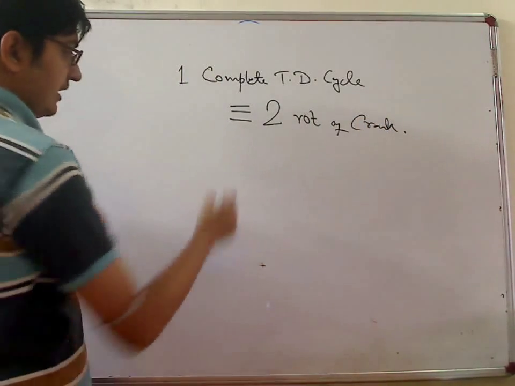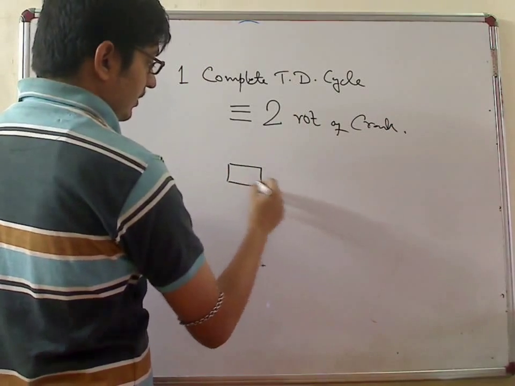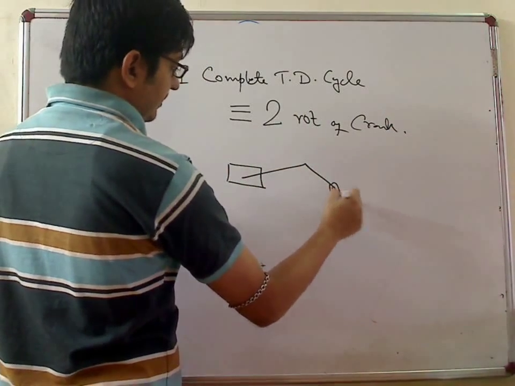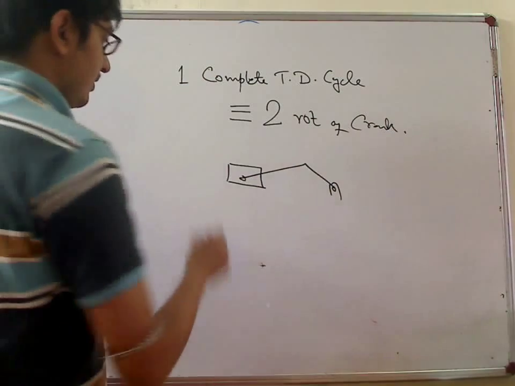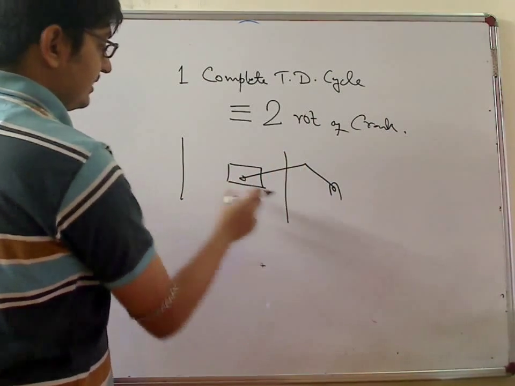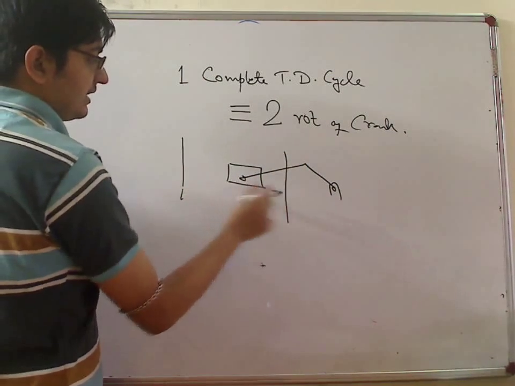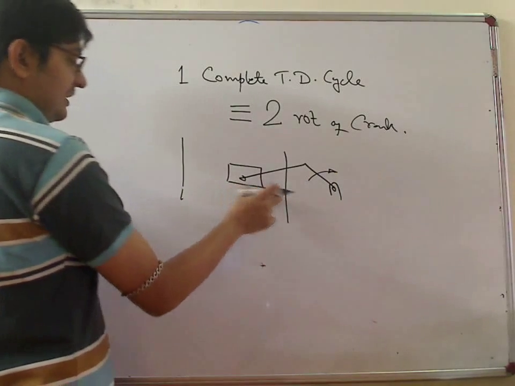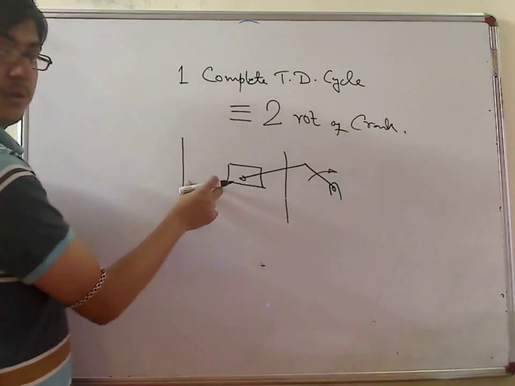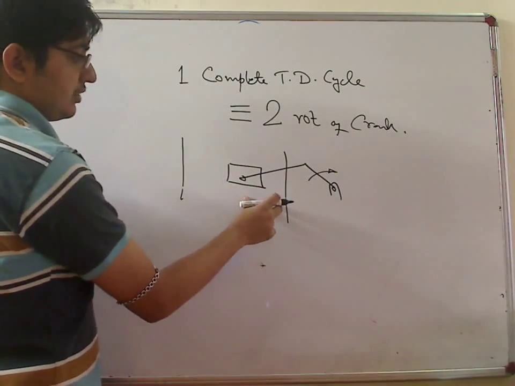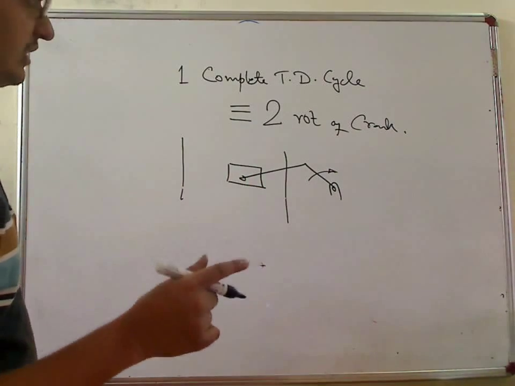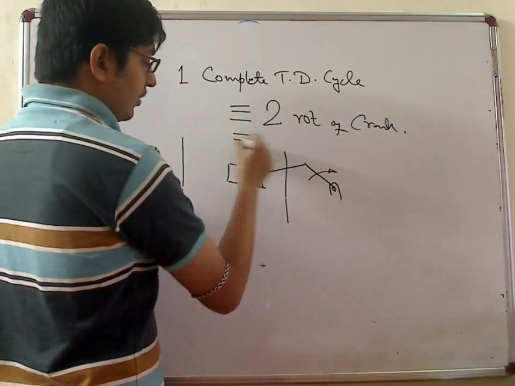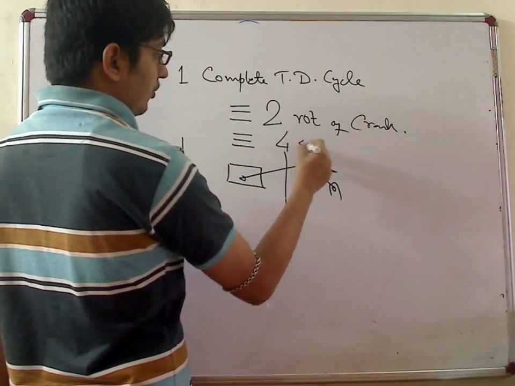Now in a single rotation, so this is the slider crank mechanism. Now these are the 2 ends. When this tries to move like this, it will rotate. So first the piston starts from here, goes here, then comes back here. So it creates 1 rotation. So 2 rotations means 4-stroke.